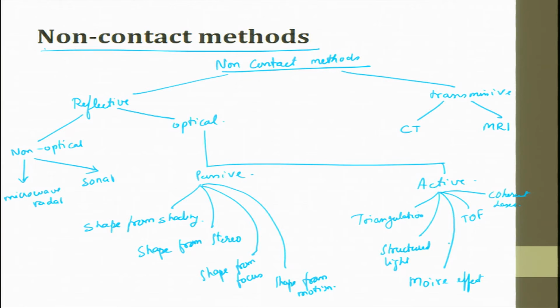These are the classifications of hardware devices used in RE. This covers the complete gamut of things which are available.